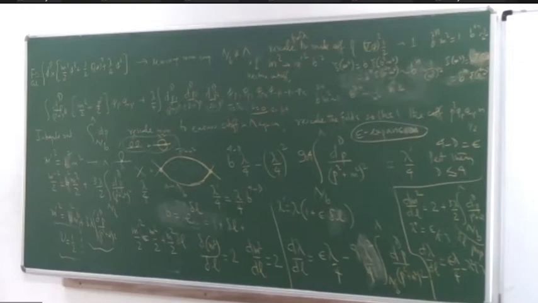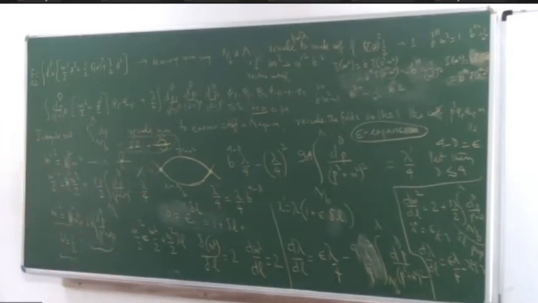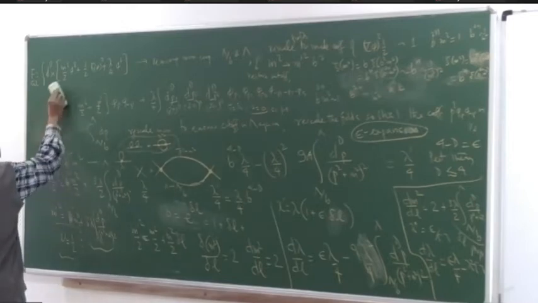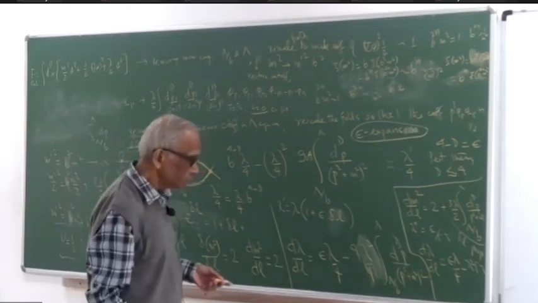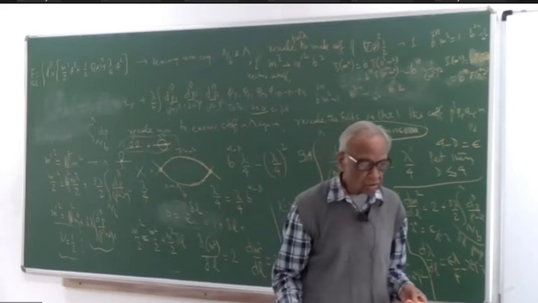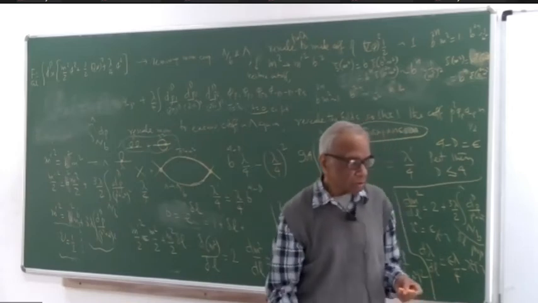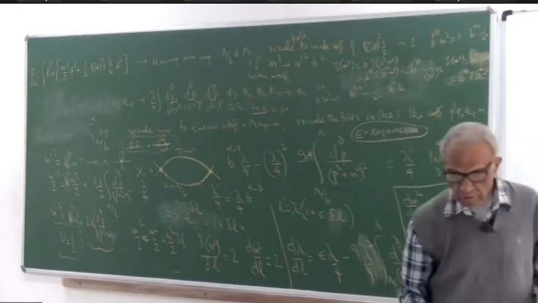So, let's do that part quickly. Quickly is always on the board, not so quick. But where is the other? Not there. No, this is also the wrong kind.